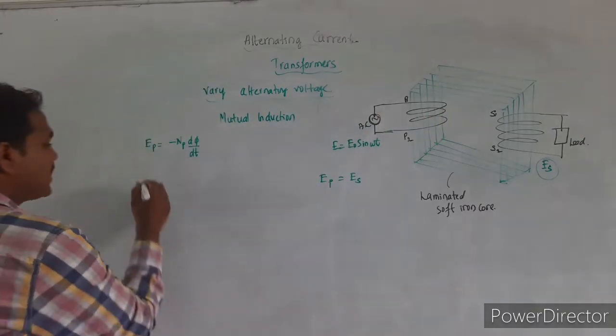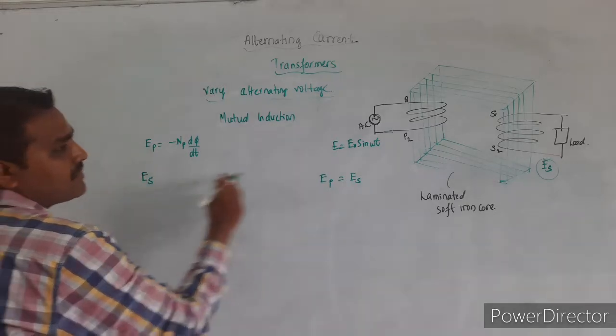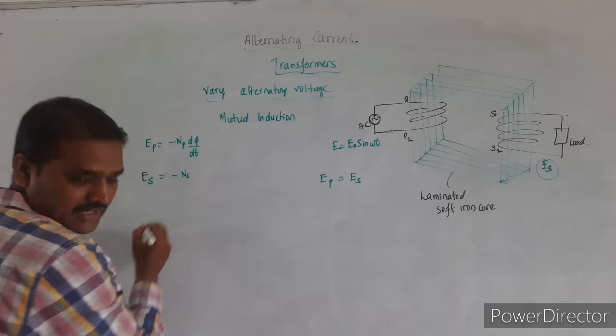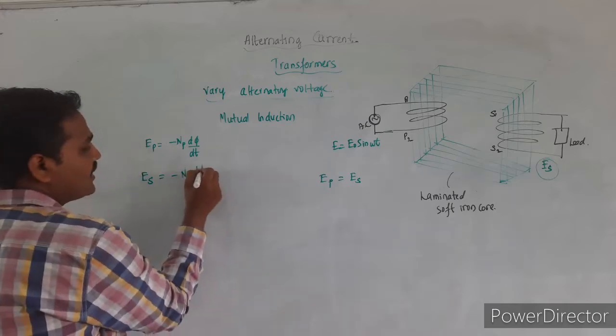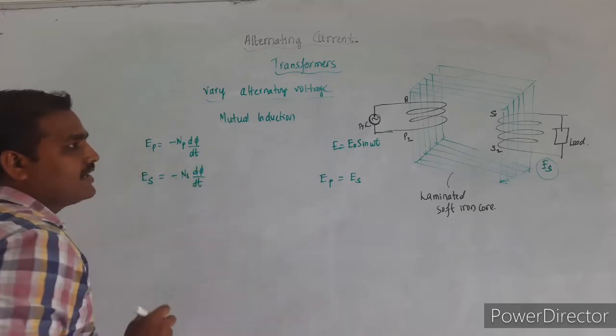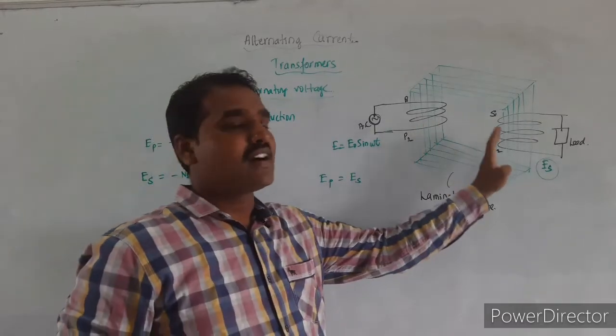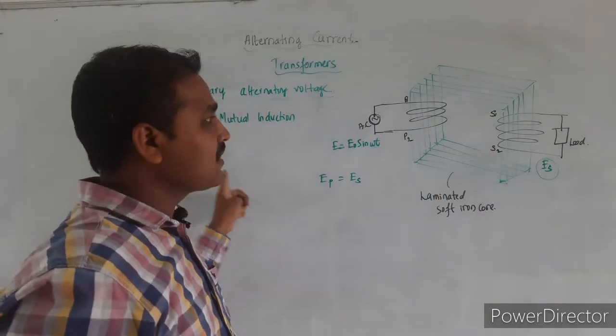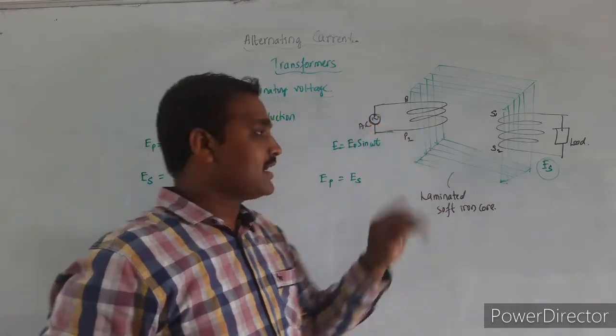Similarly, the EMF induced in the secondary coil is given by -NS dφ/dt. Since flux leakages are neglected, there is the same rate of change of magnetic flux in the primary as well as the secondary coil.